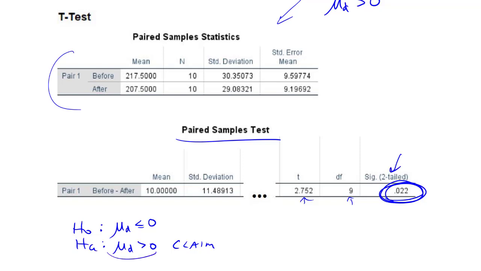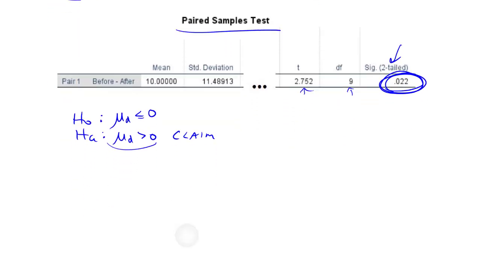Our problem here is a one tail. It happens to be a right tail, but it's a one tail. So I'm going to have to take half of that. The p-value is going to be 0.022 divided by 2 equals 0.011.